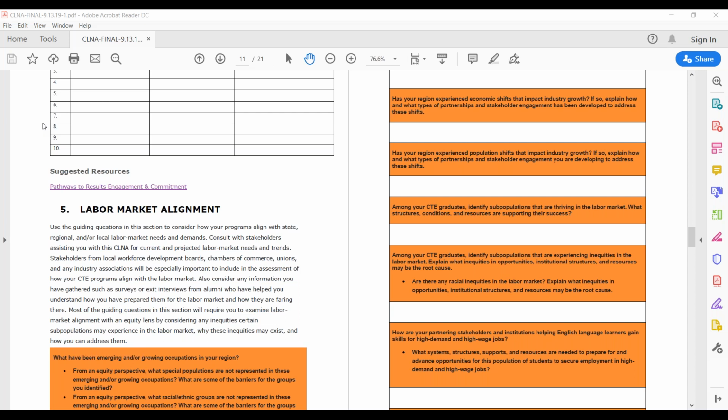So if you have suggestions on this, the same email address that ICCB provided for public feedback for the state plan, you can also suggest edits or make comments about the CLNA on that as well. I don't remember the email address off the top of my head, but it's the cte.iccb, that whole long email address that they have. So I did just want to put that out there to everyone, that this is still technically draft.